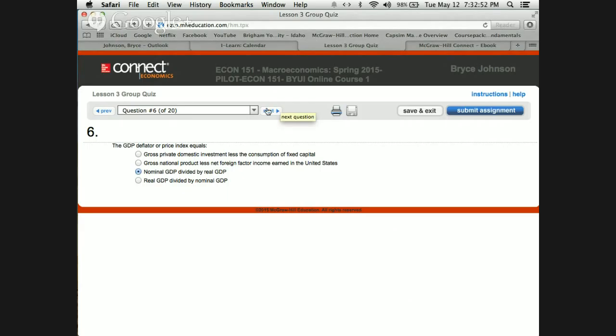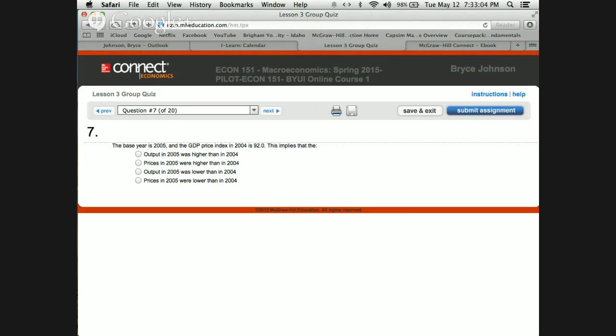Number 6 says the GDP deflator or price index equals. I chose nominal GDP divided by real GDP, which is the third option. Yep, that's what I had too, so seems good. All right.